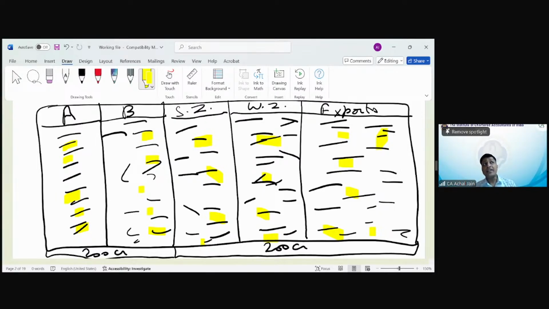Maybe you understand that product A's sale is quite significantly lower as compared to B. So that's why you may pick up only say 3 or 4 samples for product A and more for product B. Yes or no? Clear on this? Yes, sir.